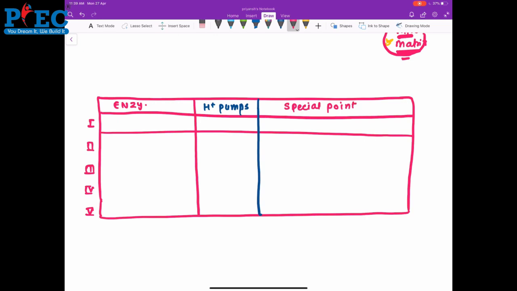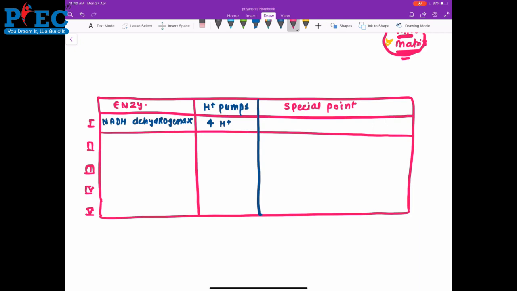So let's start with complex 1. Complex 1 is made up of NADH dehydrogenase. The name of complex 1 is NADH dehydrogenase. It pumps 4 hydrogen ions to the intermembrane space.